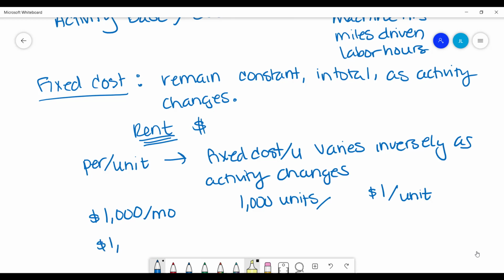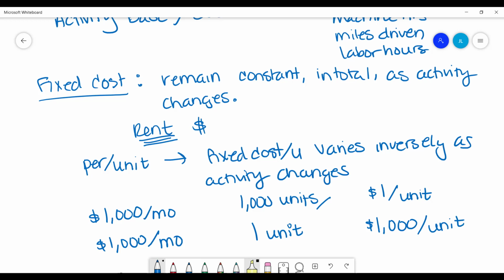But let's say for some reason that month, I only made 1 unit of product. How much did you pay in rent to make 1 unit of product then? What's our fixed cost or our rent cost per unit? In this case, it's $1,000 per unit.